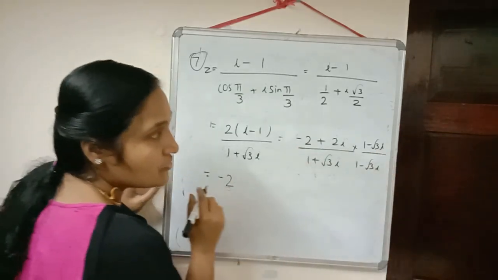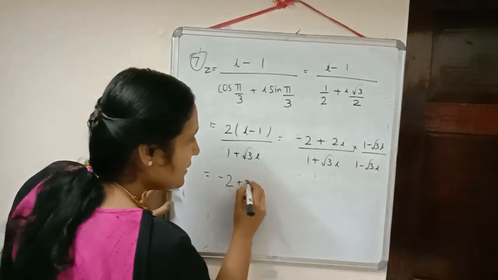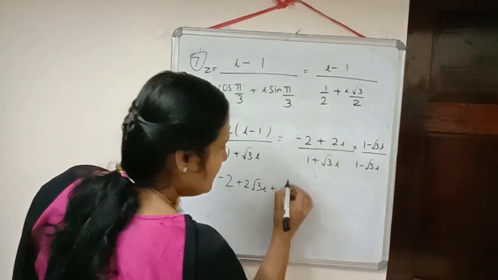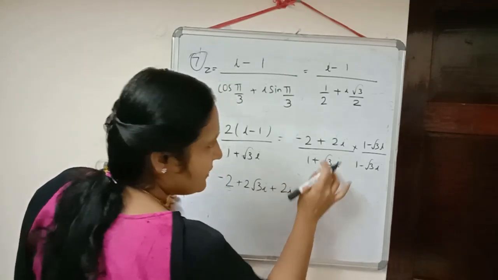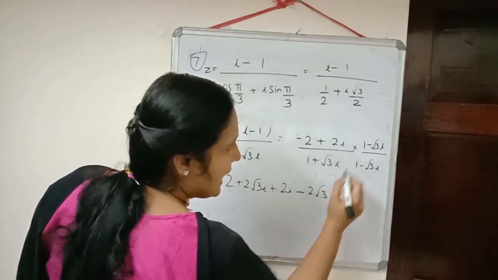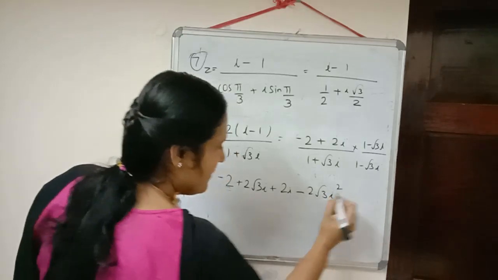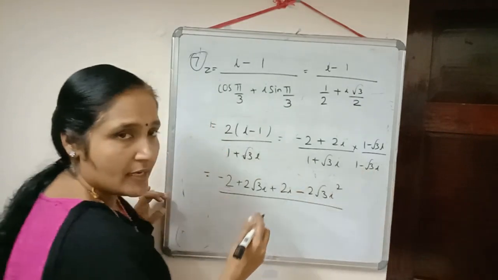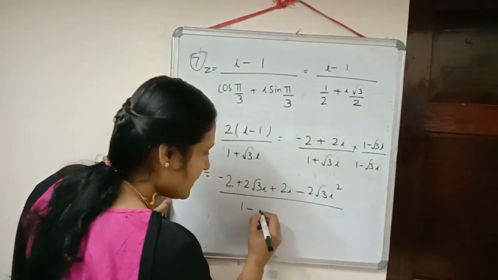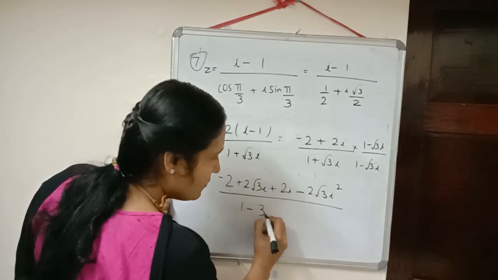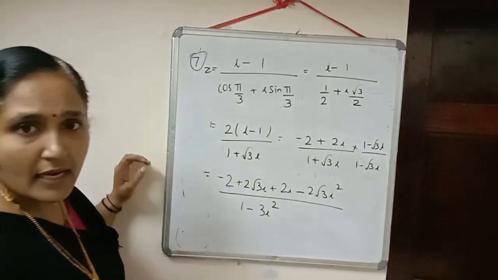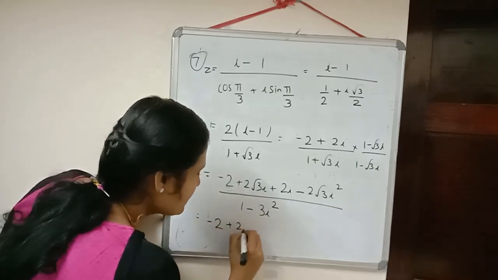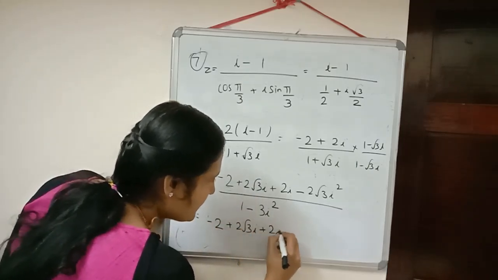Minus 2 into minus root 3 i, so that will be equal to plus 2 root 3 i, plus 2i, then minus 2 root 3 i squared. In the denominator it is in the form of (a plus b) into (a minus b), so we will get a squared minus b squared, root 3 i the whole squared. So that will come 3 i squared. So we are getting here minus 2 plus 2 root 3 i plus 2i.